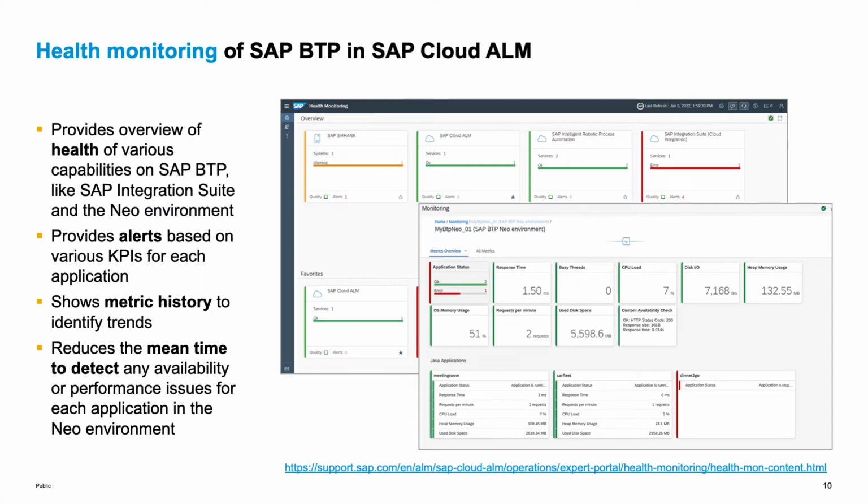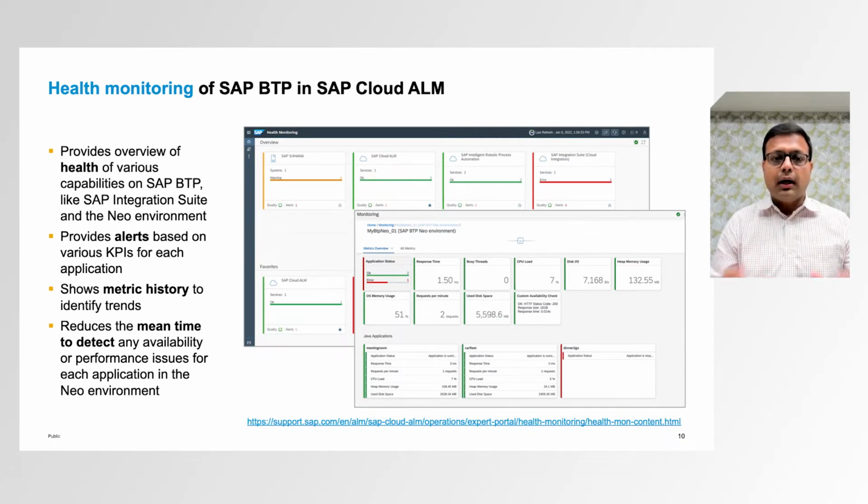For example, there is a different set of KPIs that you monitor for HANA Cloud. There will be another set of KPIs that you will monitor for your custom apps developed on Neo and so on and so forth. So it gives you one window to monitor the health of various instances of BTP. And you will see that in the demo when I show you how SAP Cloud ALM works to do health monitoring of BTP instances.